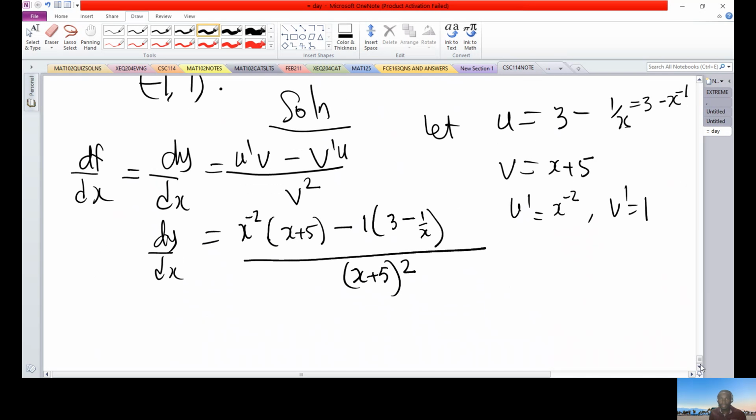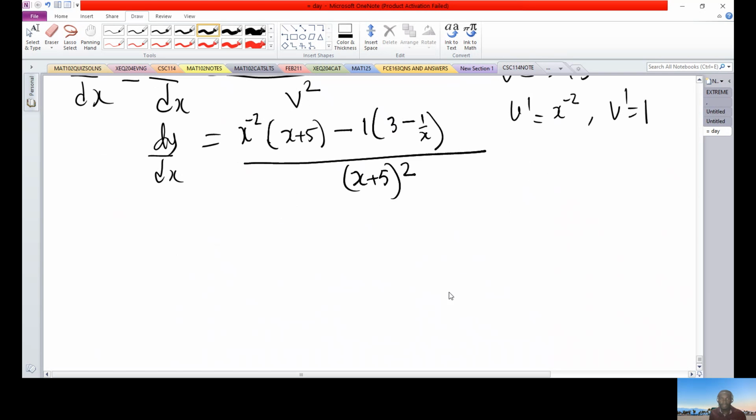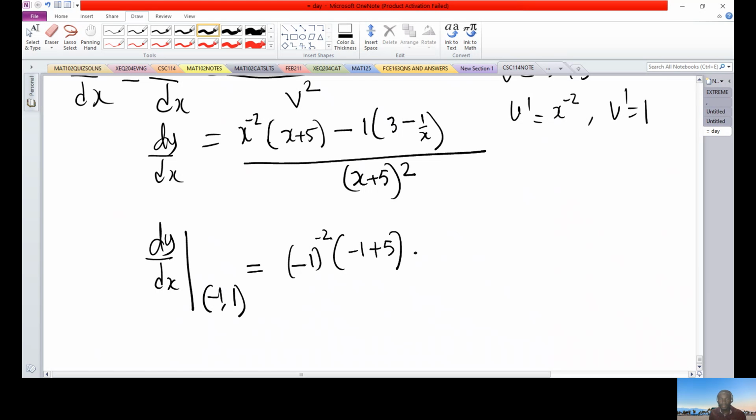And then we find the derivative at the point minus 1, 1, so the x value is minus 1. So we have minus 1 raised to minus 2 times minus 1 plus 5, minus 1 times 3 minus 1 over minus 1, divided by minus 1 plus 5 squared.